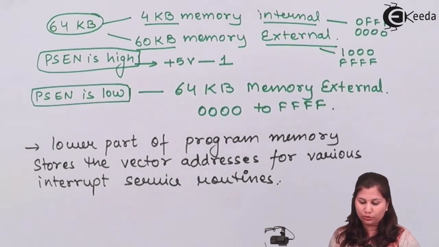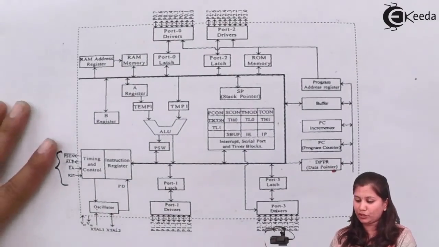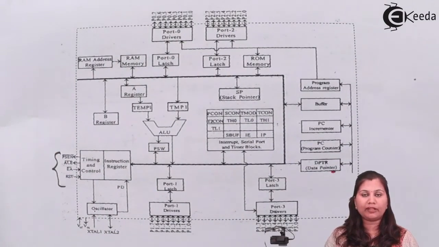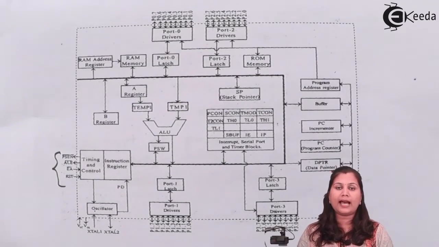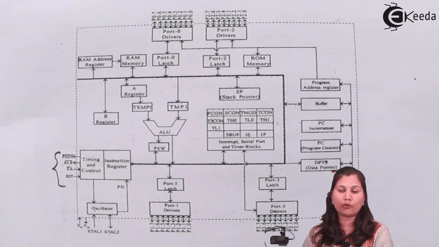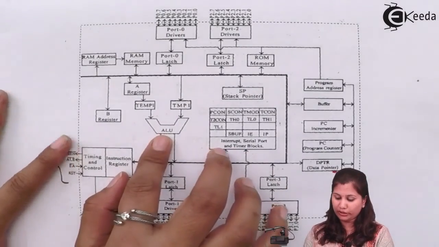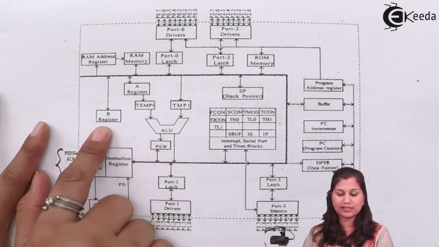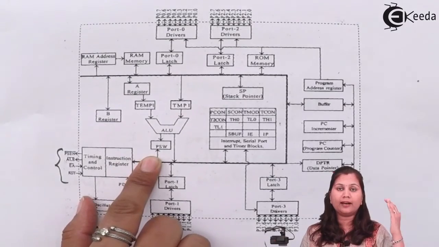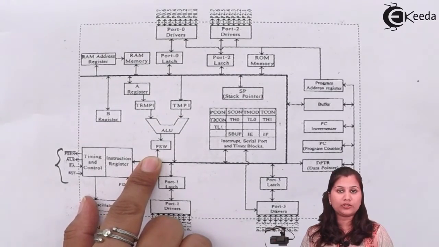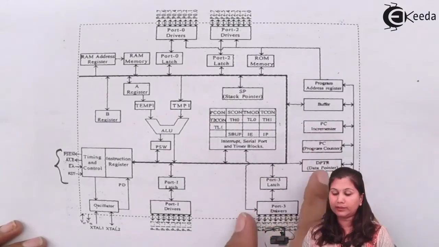So this was about the memory organization, that is how the program memory and data memory are assigned in the 8051. Let's again come to the block diagram or the architecture. When we started, I told you that there are various blocks in it, and we studied the description of all the blocks. First, we studied the arithmetic and logic unit, accumulator, B register, and program status word, how its 8 bits indicate the conditions of the flags, and then stack pointer, program counter, and data pointer.